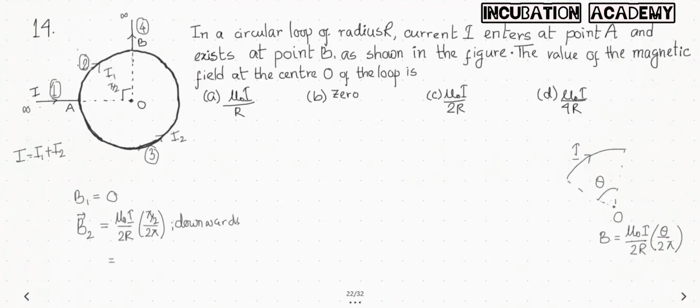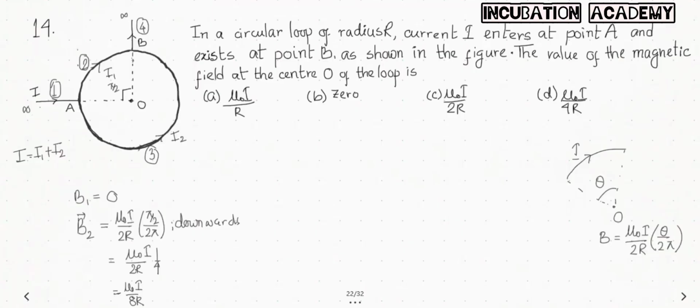So this becomes mu naught I over 2r, and pi by 2 divided by 2 pi becomes 1/4. So this becomes mu naught I divided by 8r, and that is downwards.